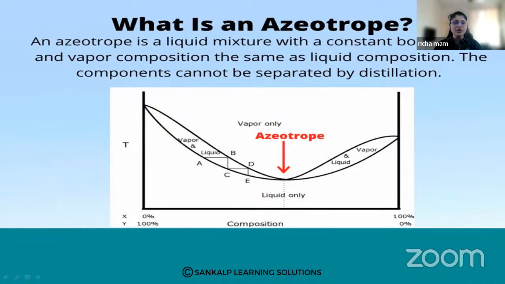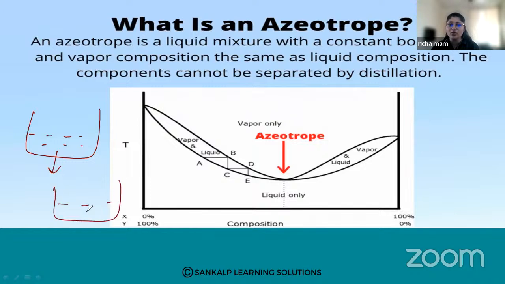Azeotropes are mixtures of liquids which have the same composition in the liquid as well as in the vapor phase, because, as we are discussing, it is a liquid which is boiling at the same boiling temperature. Now suppose water is there, and we heat it continuously.